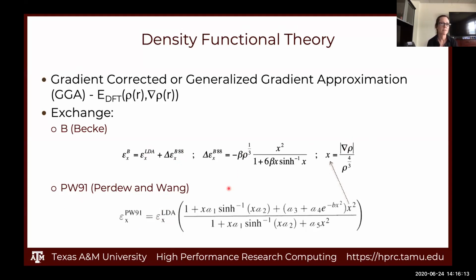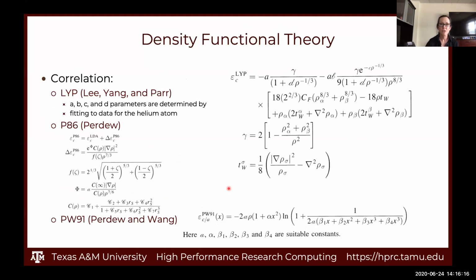Correlation terms for GGA DFT: LYP, still heavily seen in the literature. It looks like this, again including the gradient of the density and a few parameters in there. And this was developed by fitting data for the helium atom. Okay, so they developed LYP by fitting the data to the helium atom, and then you can apply it to whatever else.